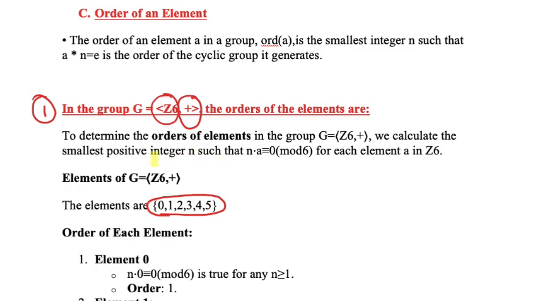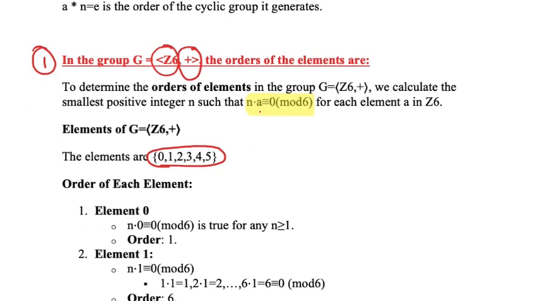To find the order, we find a positive integer n such that n into a equal to 0 mod 6. Using this expression we find the order n, where a represents the elements in the group.